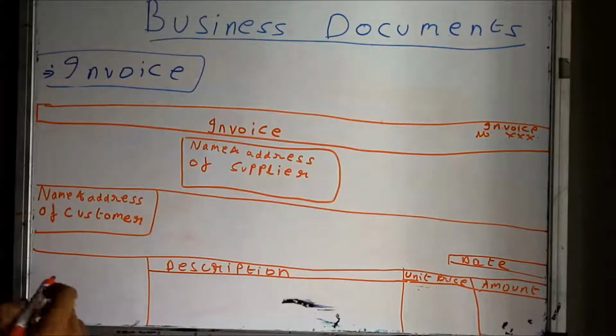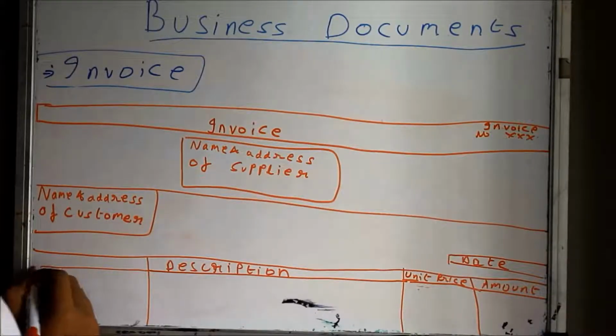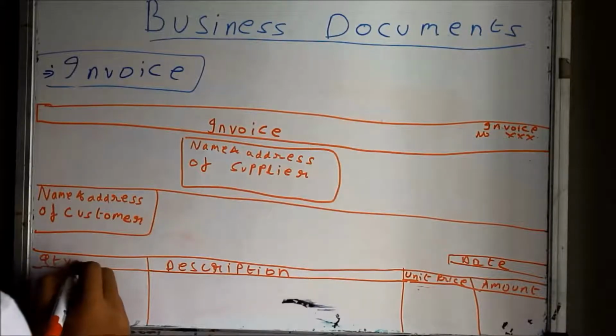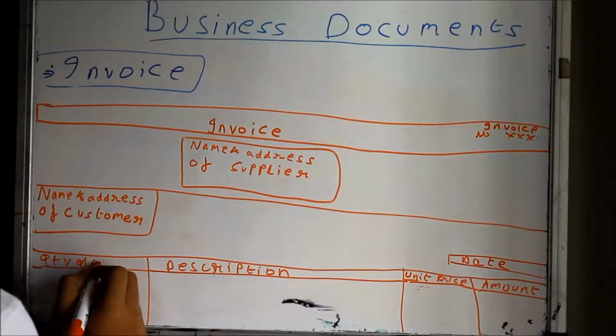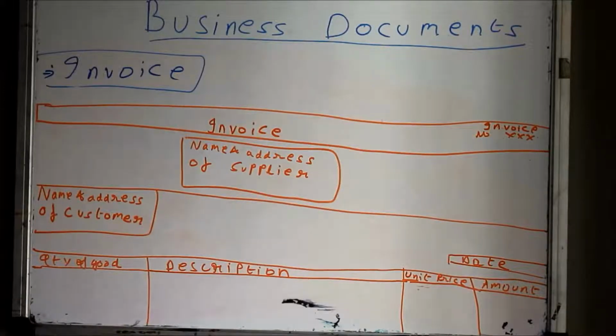And lastly, in the first column, the quantity of the goods sold. Alright, so these are the 4 columns which are there in the invoice.